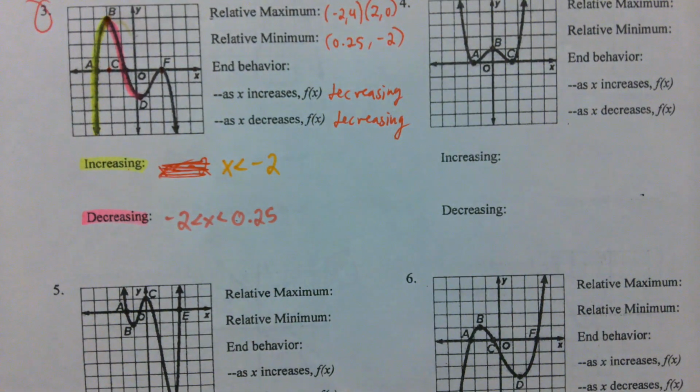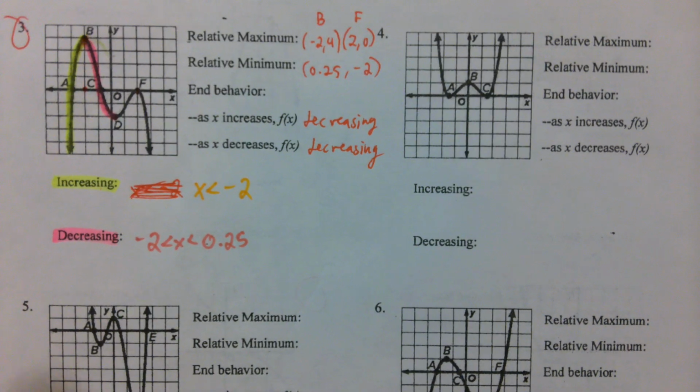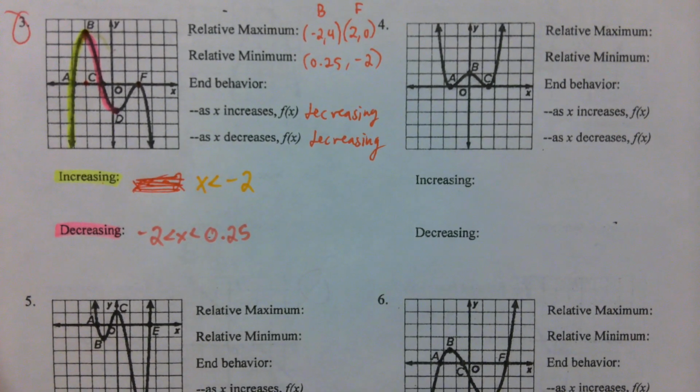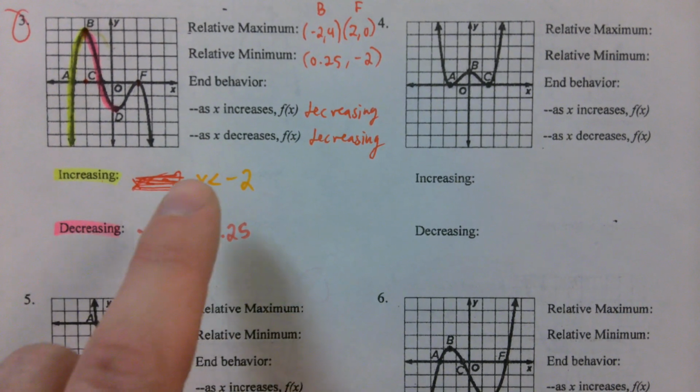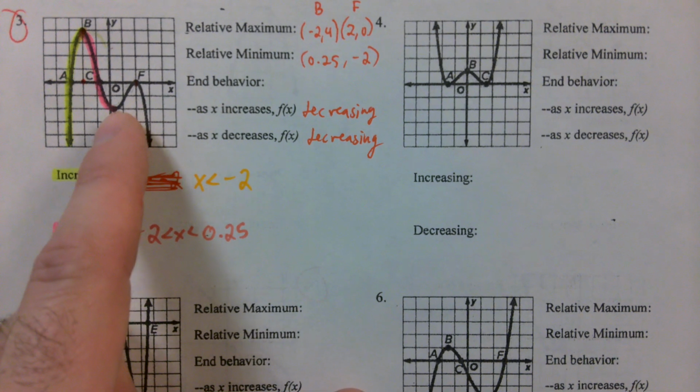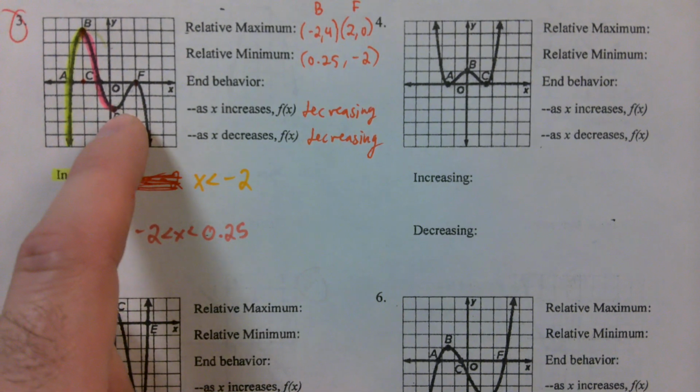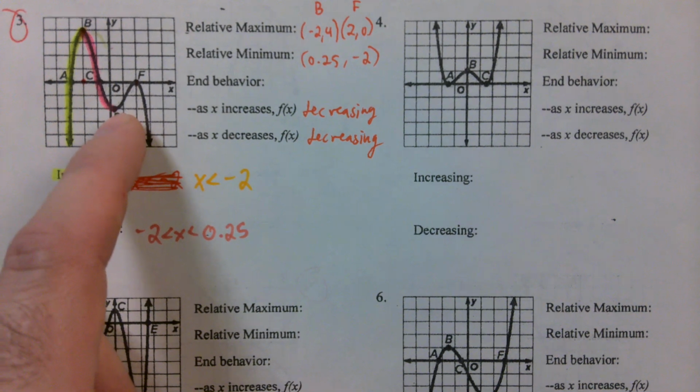I'm just going to do it in yellow. Still with me? Yeah. No? Okay. So now I hit another relative extrema, my point D. I was decreasing, I hit D, now I'm changing directions.